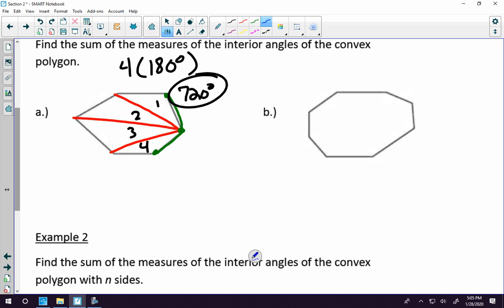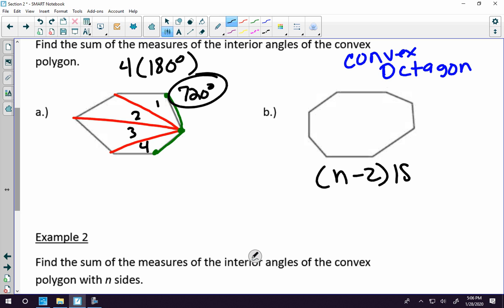Let's count how many sides this convex polygon has. 1, 2, 3, 4, 5, 6, 7, 8. So this is a convex, help me out, octagon. It's a convex octagon. So it has 8 sides. Using this expression, n minus 2 times 180 degrees, it's got 8 sides. N represents the number of sides of the convex polygon. 8 minus 2 is 6.